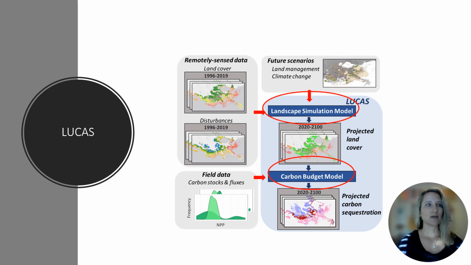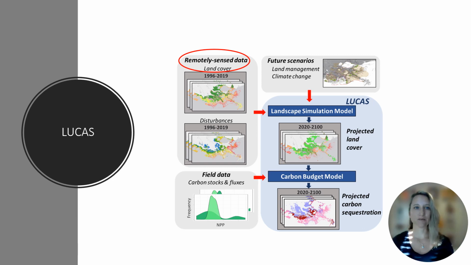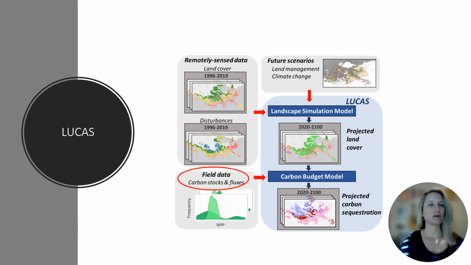The landscape model is parameterized using nationally available imagery data from NLCD as well as CCAP, and the carbon budget model is parameterized using field data that provides both information on carbon stocks and fluxes.